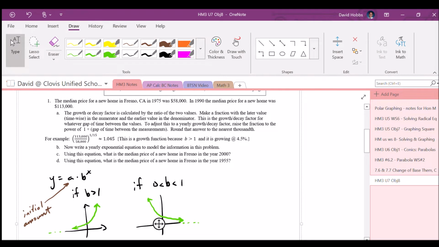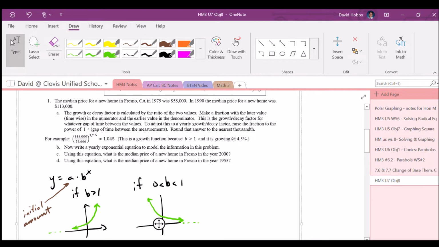Oh, and by the way, predictive formulas, exponential functions are really some of the most accurate predictive models, at least as long as there's not some major or catastrophic event that affects what's going on.